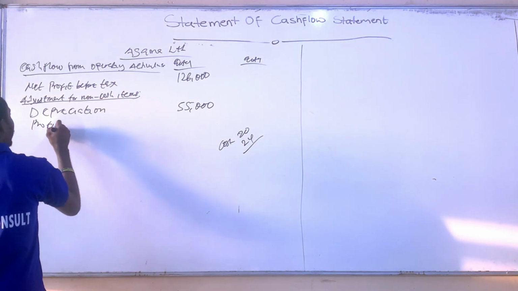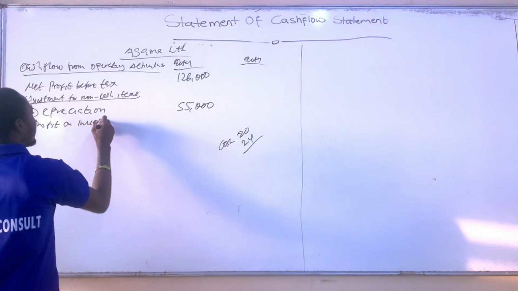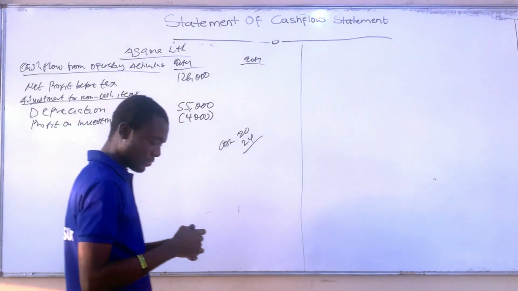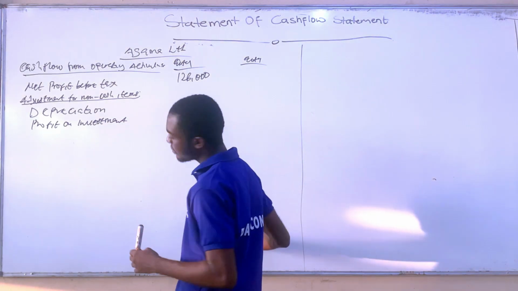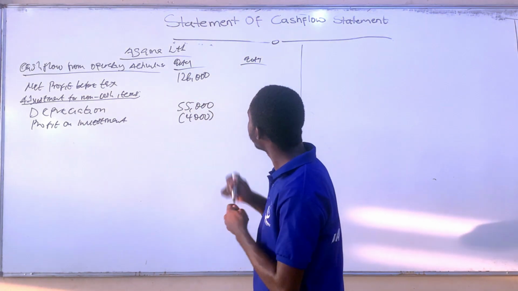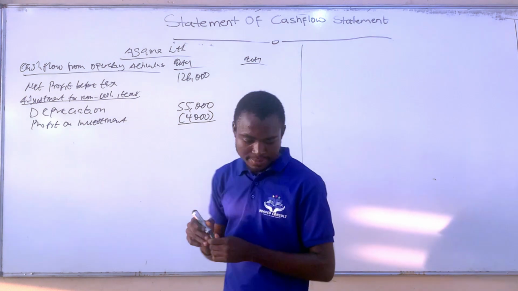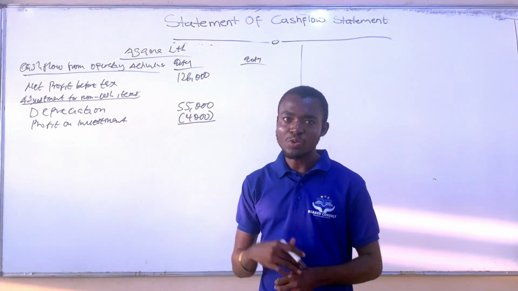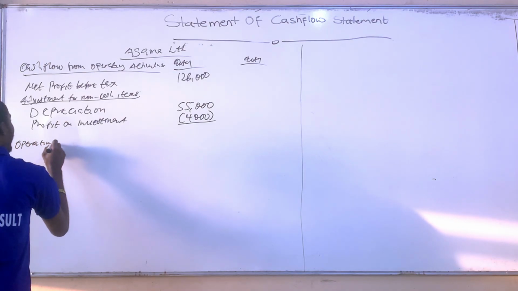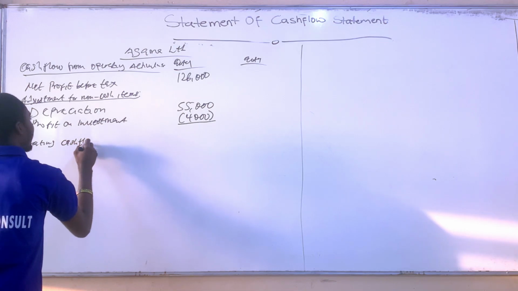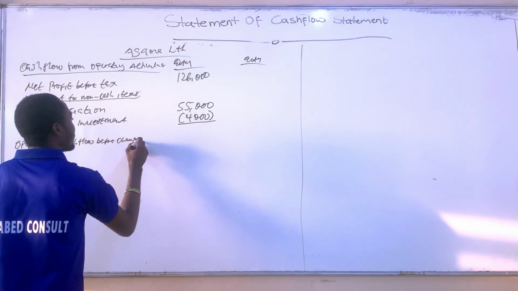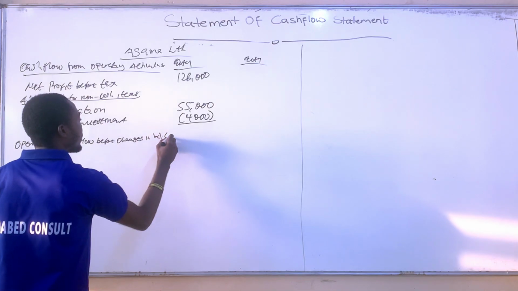Profit on investment, less 4,000. Then we sum up these three figures to get operating cash flow before changes in working capital.